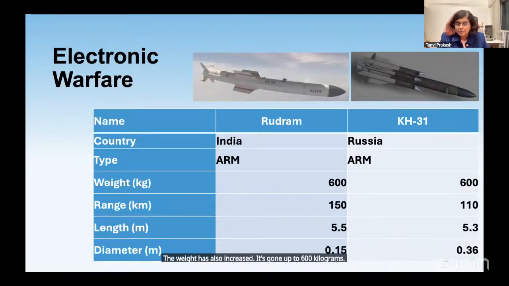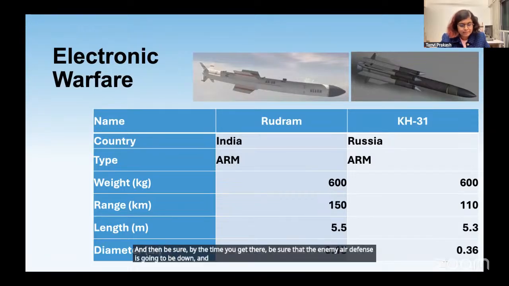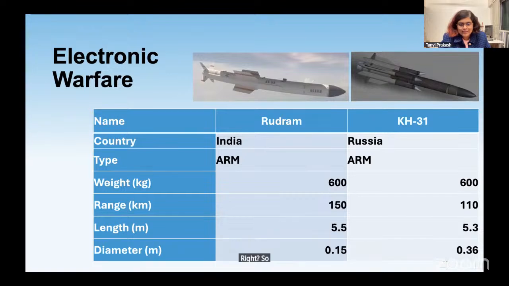The range is now massive, around 150 kilometers. So from that far away, you can release this electronic warfare anti-radiation missile, and by the time you get there, be sure that the enemy air defense is down and it's clear for you to attack, right? So these are the electronic warfare payloads.